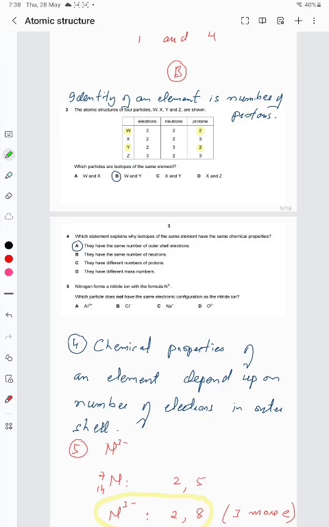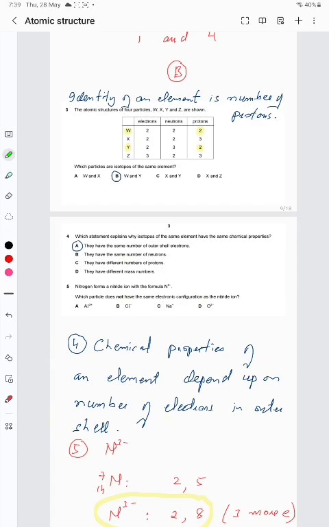Next question. The atomic structures of four particles W, X, Y, and Z are shown. Which particles are isotopes of the same element? Remember that isotopes are atoms of the same element. They have the same number of protons but a different number of neutrons.